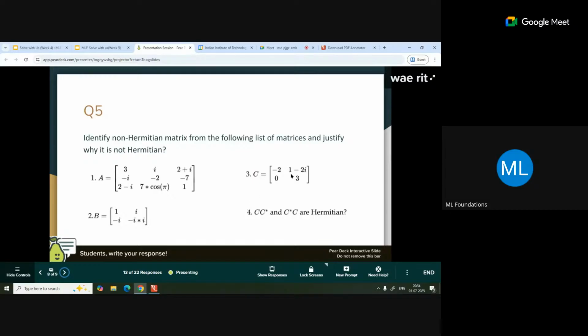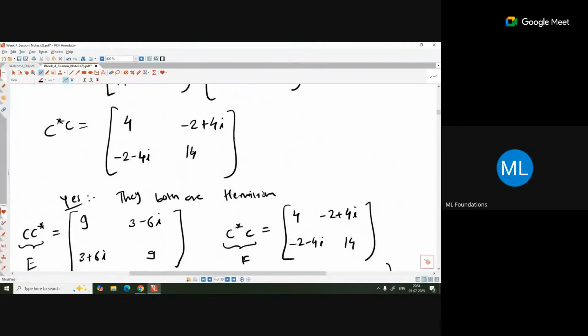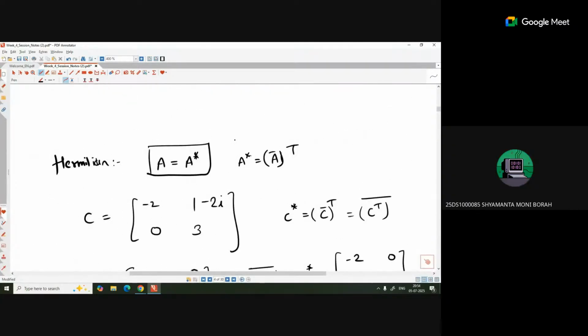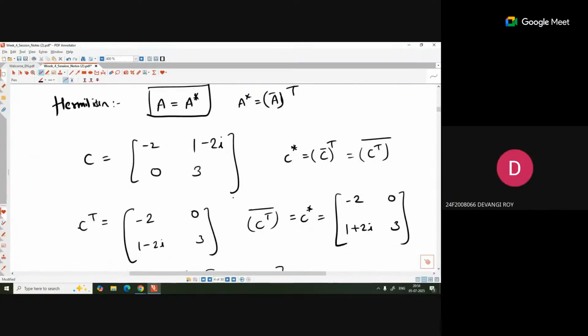Okay, what about the others? Let us see for option 3. I have already calculated it somewhere above. So C is not Hermitian. C was this matrix, and C star, or the complex conjugate transpose of C, is this one.